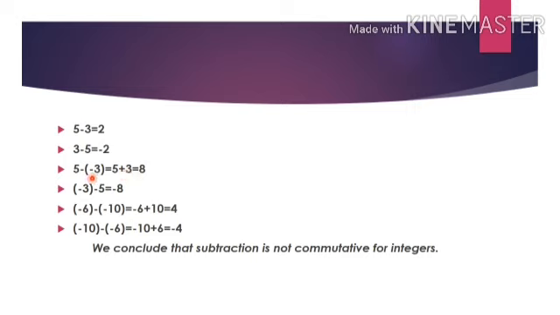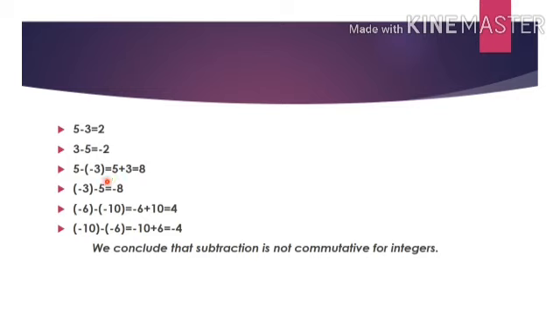Now in the reverse order, minus 3 first, it is just opposite: minus 3 minus 5. Both of them are negative integers. Then how can we calculate?